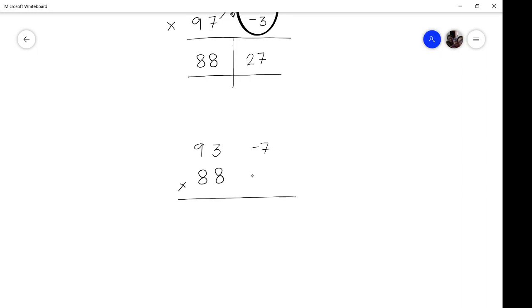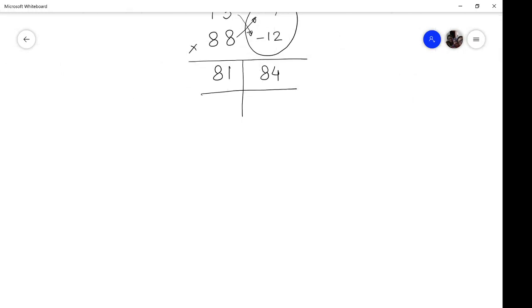And 88 has a deviation of 12. If you multiply this, 12 sevens are 84, and then you cross add, you will be getting 81. So the answer is 8184. Simple.